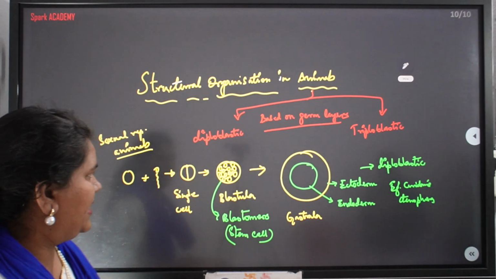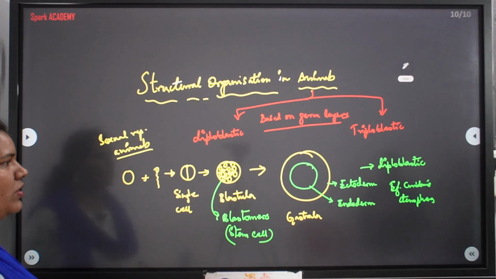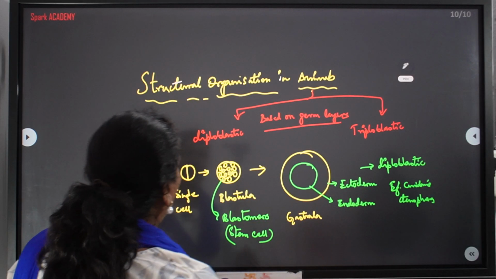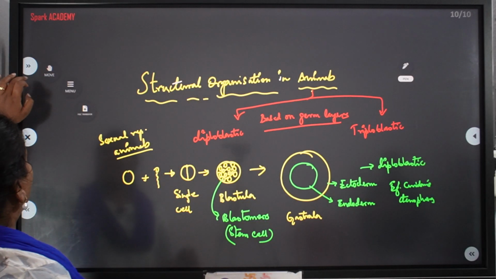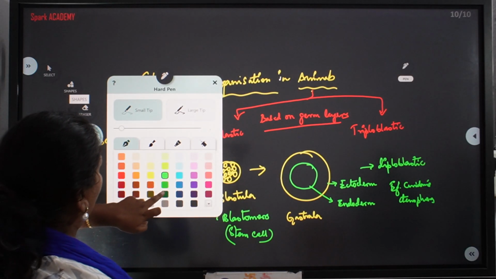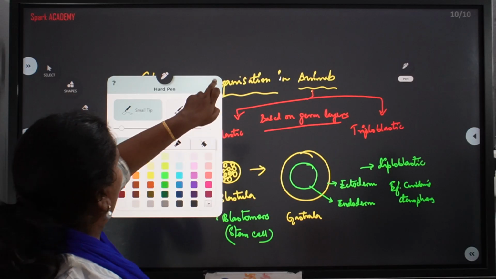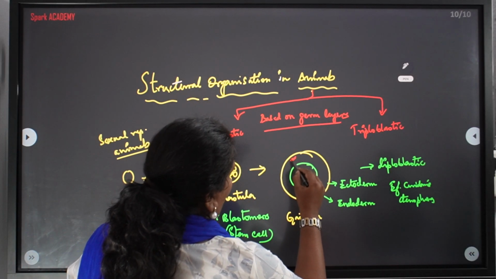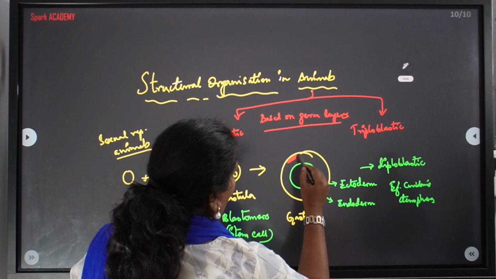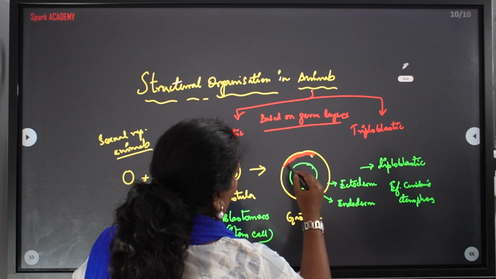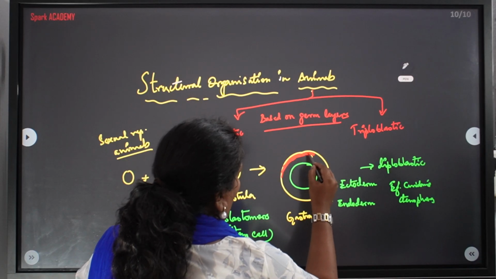Let's see triploblastic animals. In triploblastic animals, there is another layer formed between ecto and endo. That layer is called mesoderm. So there is another layer in between. Here, this is mesoderm. This layer becomes the mesoderm, like this.